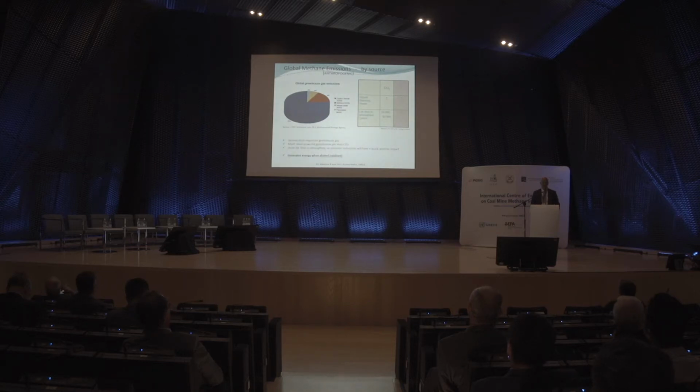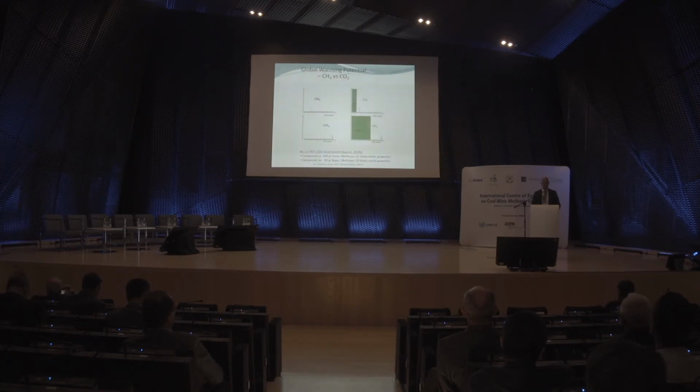Now methane, CH4, is the second most important greenhouse gas. It's a much more powerful greenhouse gas than CO2, has a short lifetime in the atmosphere, so the emission reductions can be quick and positive. And also, methane is very interesting since it generates energy when abated or when oxidized.